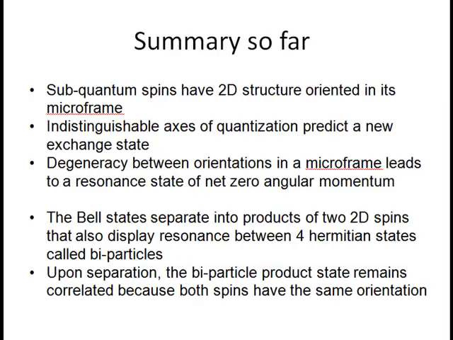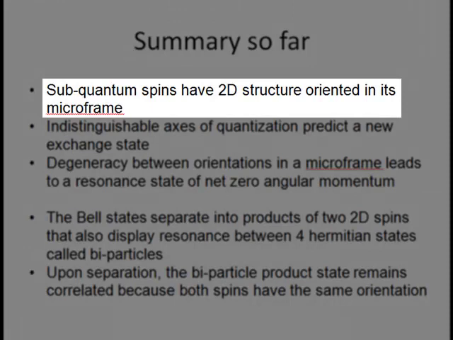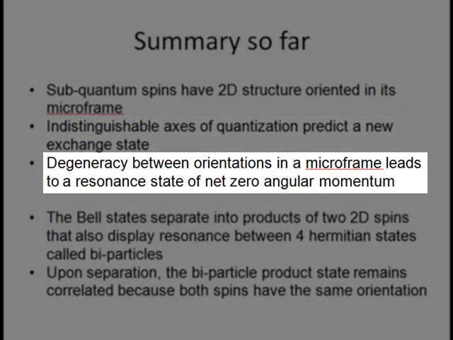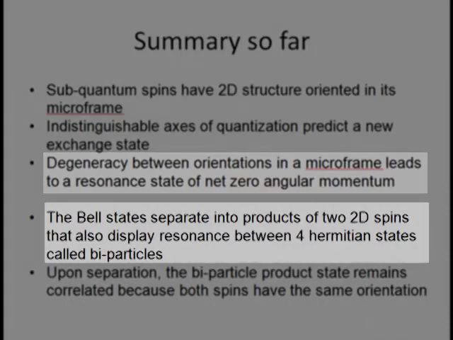So, summary so far. Subquantum spins have two-dimensional structure oriented in a microframe. Indistinguishable axes of quantization predict a new exchange state. Degeneracy between orientations in the microframe leads to a resonant state of net zero angular momentum.